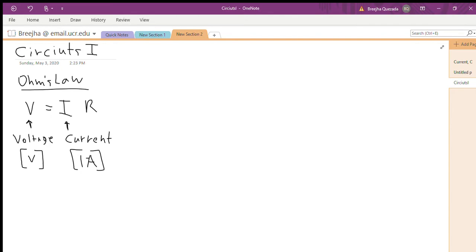So that can be kind of confusing, but that's why I like to write it out as often as possible. So I is for current, which is amps, so a unit of A.